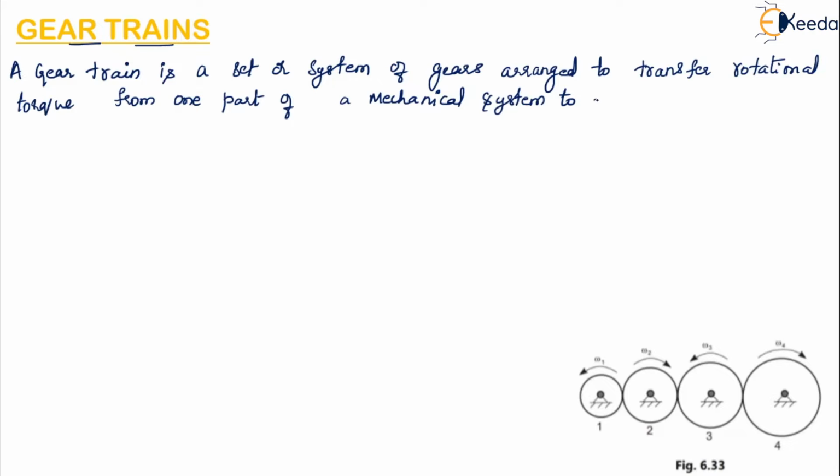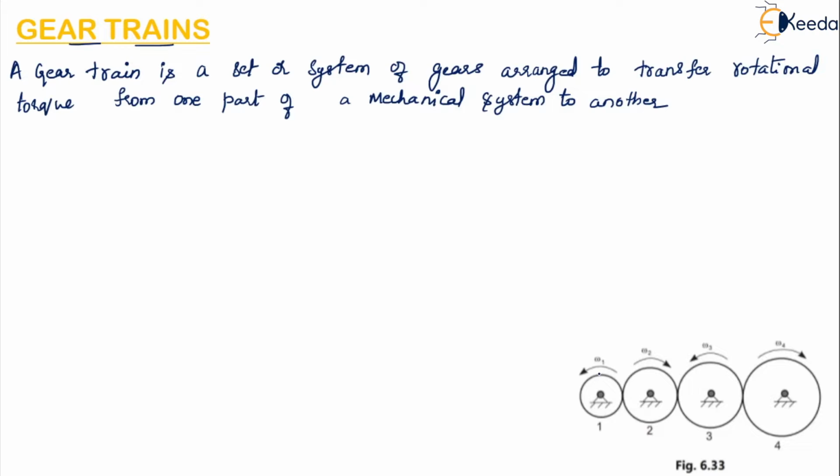So here we can see in a figure that there are 4 gears which are arranged one after the other. So it is a set or system of gears which are arranged to transfer rotational torque.